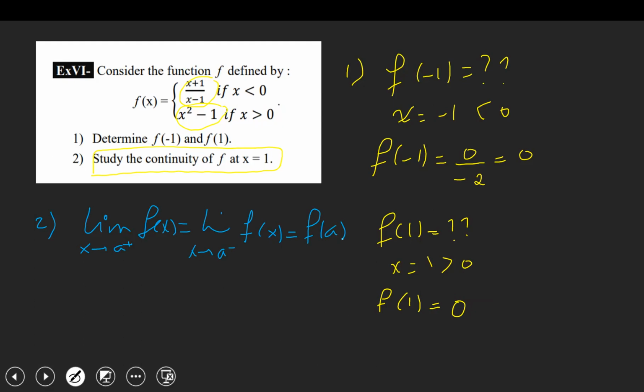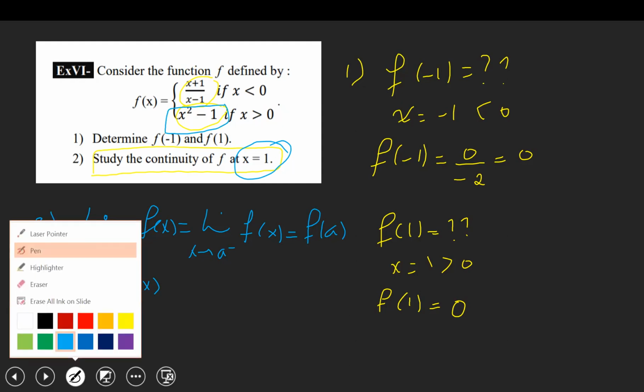Now, at x equal to 1, so limit as x tends to 1 plus. 1 plus is more than 1. So we use the second expression.